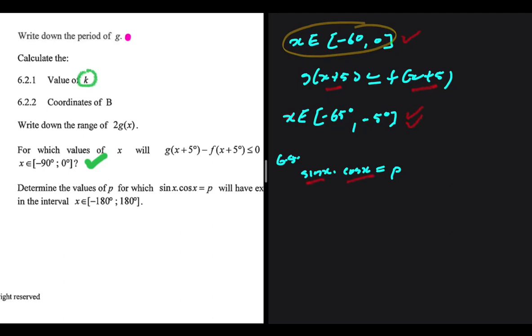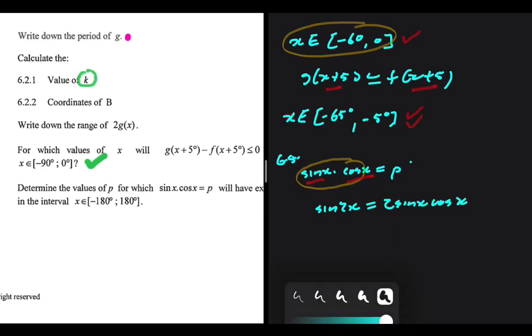Well, usually these questions are all related to each other. What do we have from our previous solutions or from our question that is very close to sine of x cos of x? Well, it is the fact that sine of 2x is equal to 2 sine of x cos of x.